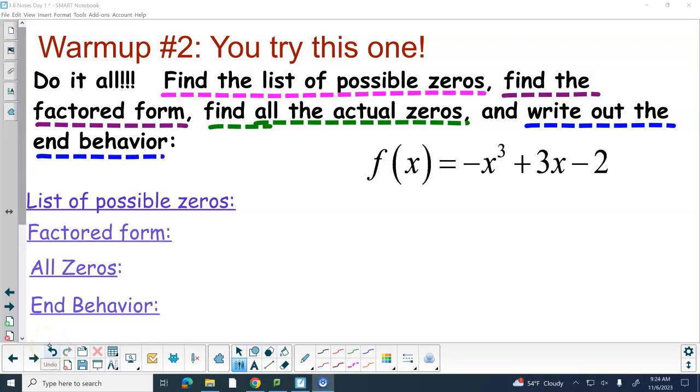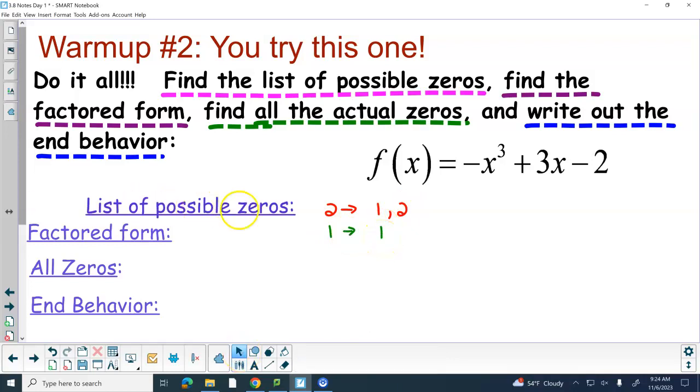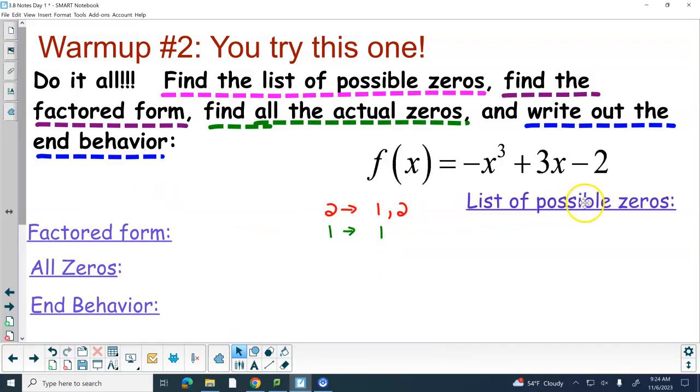Okay? So, first I've got to look at 2. What are the factors of 2? 1 and 2. Then I've got to look at 1. What are the factors of 1? 1, right? So my list of possible zeros is going to be plus or minus 1, plus or minus 2.